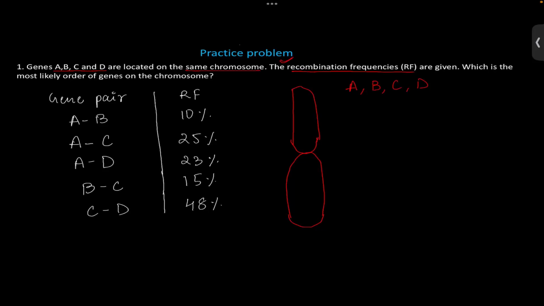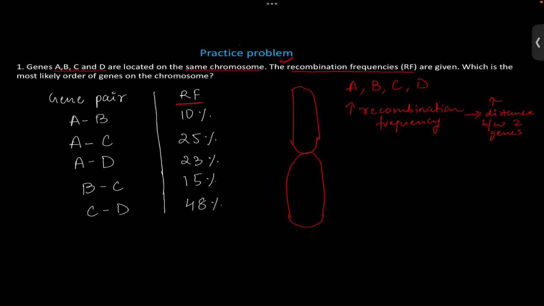Recall that if the recombination frequency is high, that means the distance between two genes is also high, because of which they are getting separated by recombination quite easily. But if the distance between two genes on the same chromosome is less, the recombination frequency will be less. Using this concept, the recombination frequencies are given here.